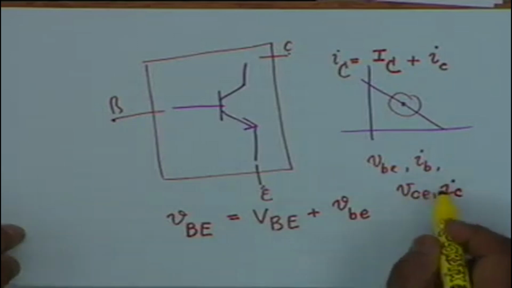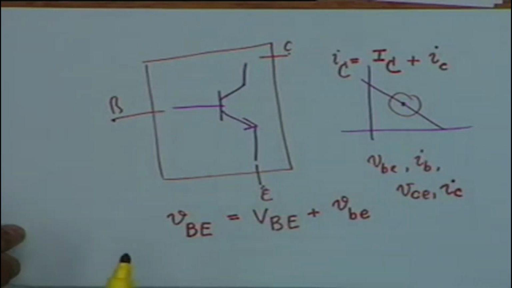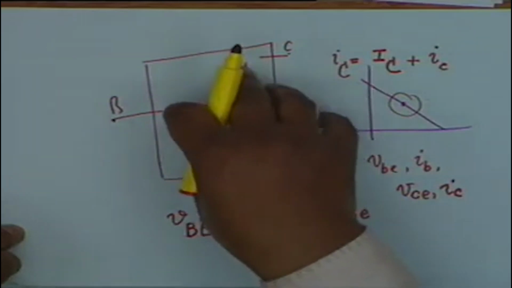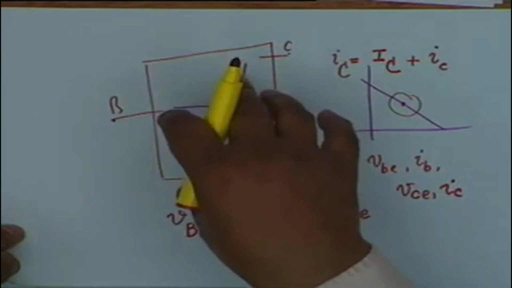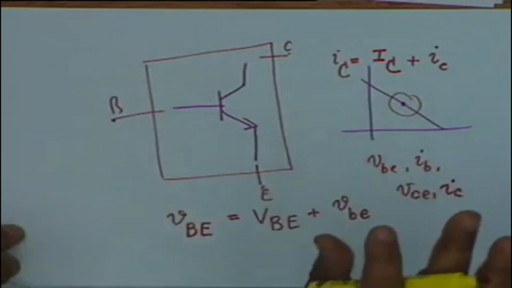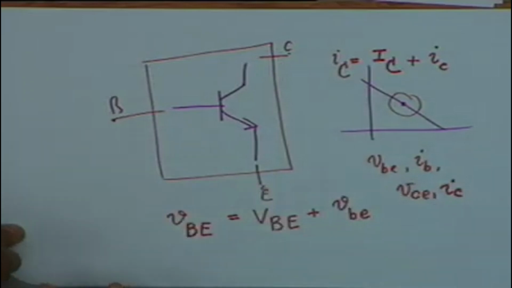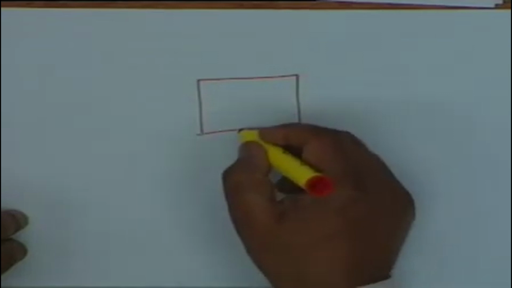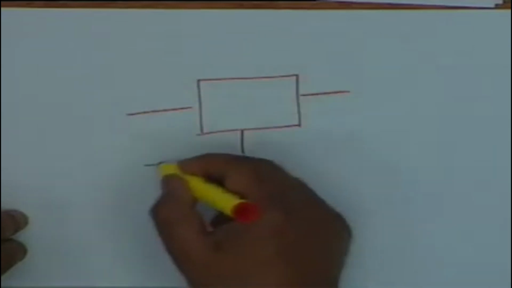There are 2 voltages and 2 currents, and any 2-port can be characterized in 6 different ways. I repeat, this characterization for the transistor is for incremental quantities only, small signals only. We are divorcing DC from the picture altogether. Is that clear?